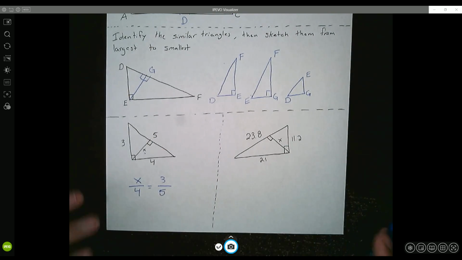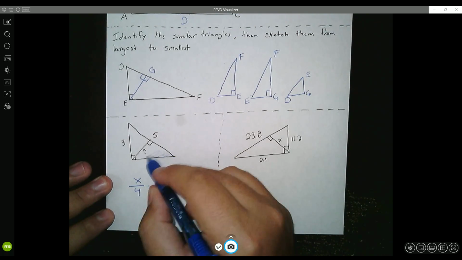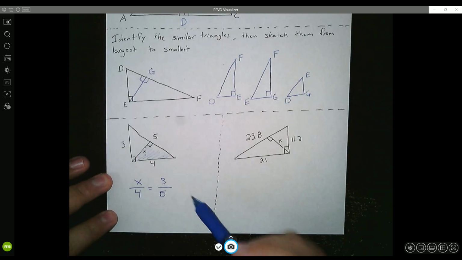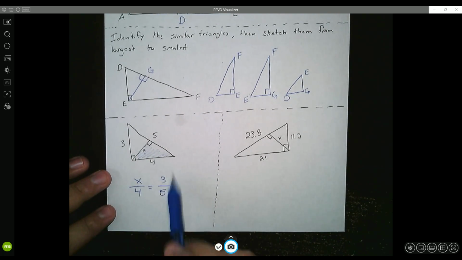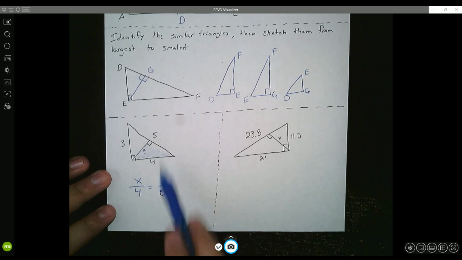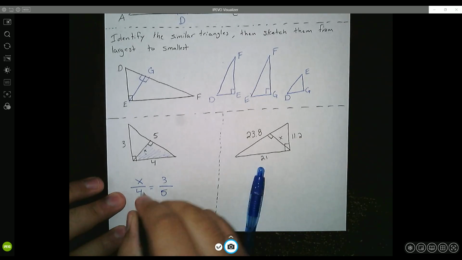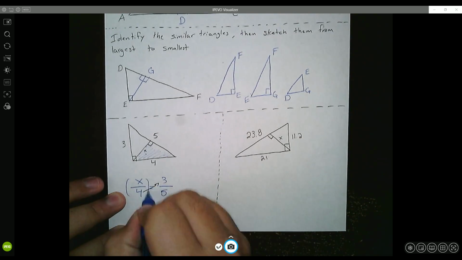What this is essentially doing is we're saying this triangle right here is similar to the bigger triangle. So x is the height, 4 is the hypotenuse, which is equal to the big triangle, which has 3 as the height and 5 as the hypotenuse. So that's all that is. Now we'll solve for x. Multiply 4 to both sides.